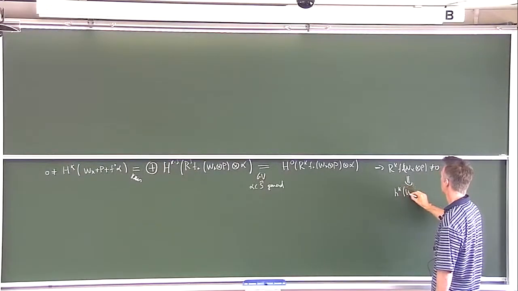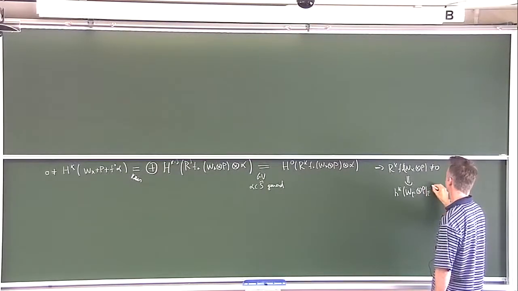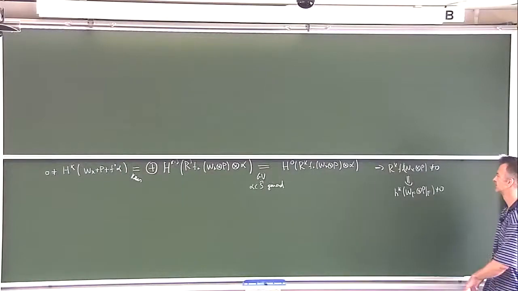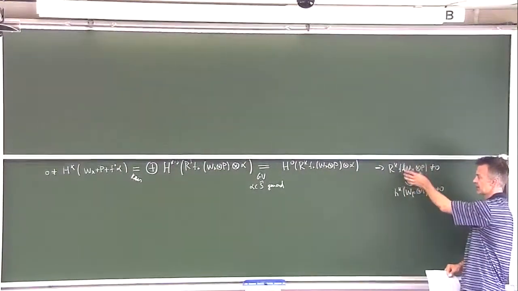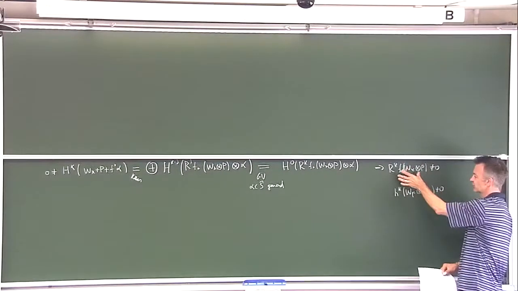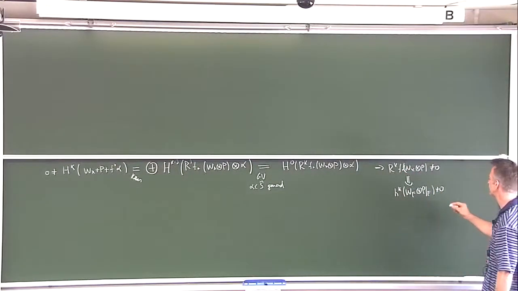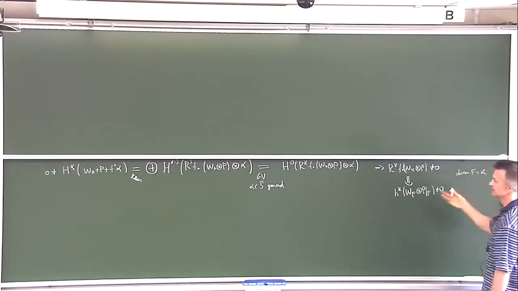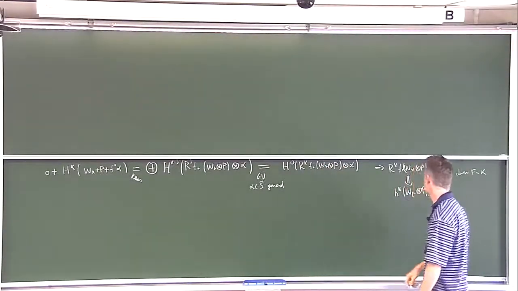H^k of omega_F tensor P restricted to F is non-zero, right? Because this is a torsion-free sheaf, and the generic value of the sheaf is exactly this number. Now you see the dimension of F is k, by the way I've set up things. That's just because the map to the abelian variety is generically finite.